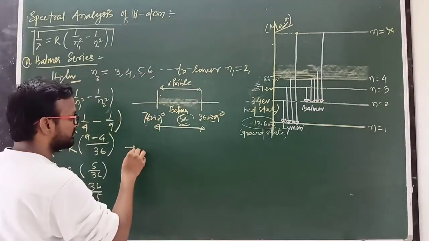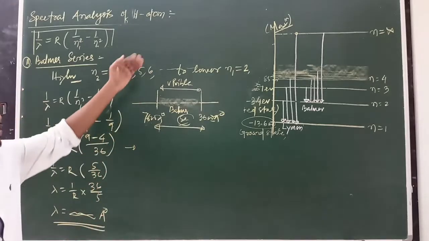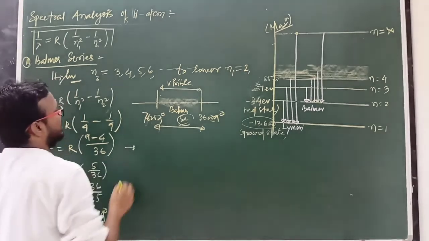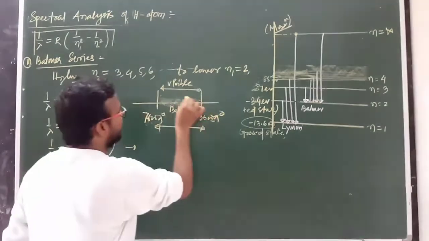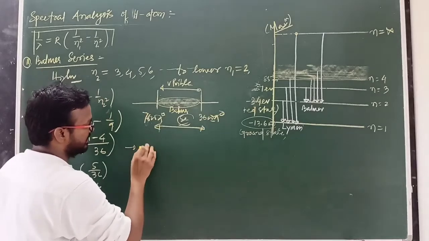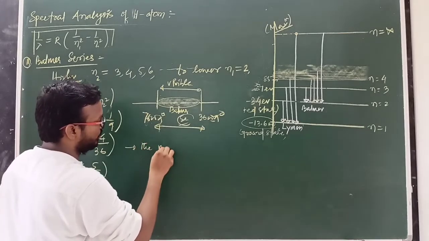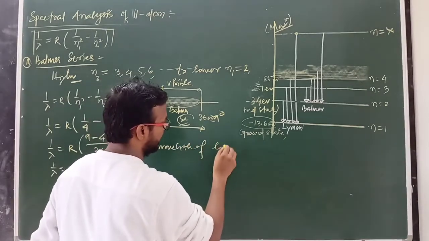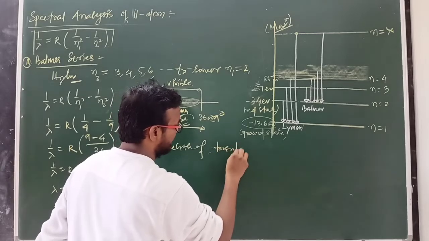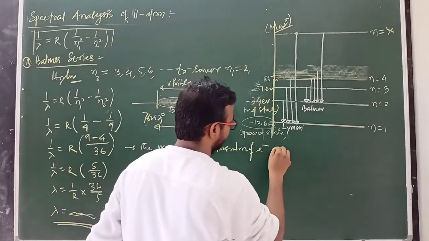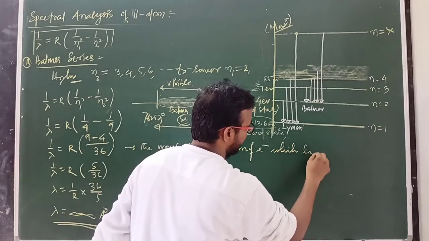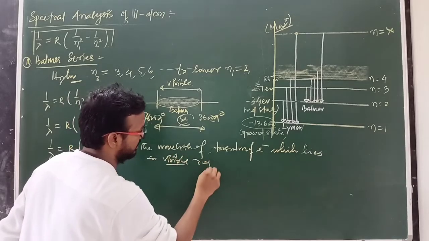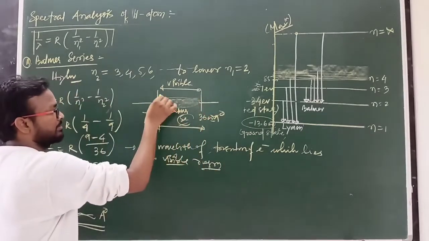We can write that when an electron jumps from a higher energy orbit to the second orbit, then the transition, the wavelength of light of the transition of an electron, lies in the visible region, and this region is known as the Balmer series.